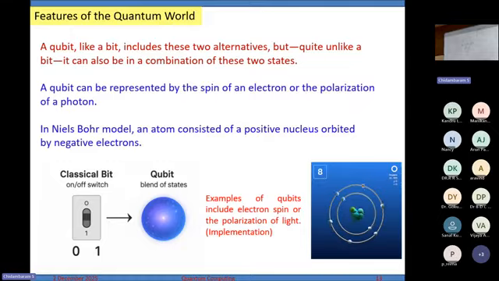So how can you represent a qubit? By the spin of an electron or the polarization of a photon, right? Sir was telling in the morning about how to physically realize such qubits. There are technologies implementing the spin of an electron or the polarization of a photon.